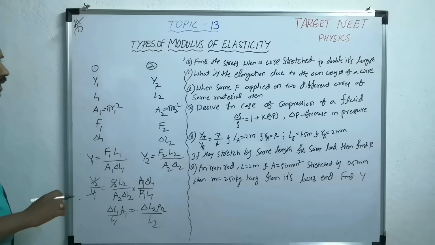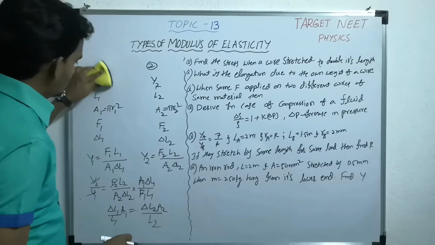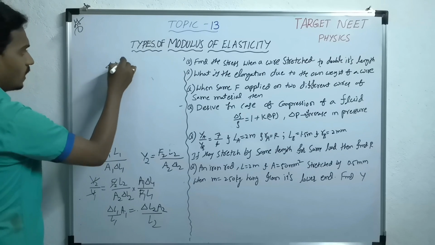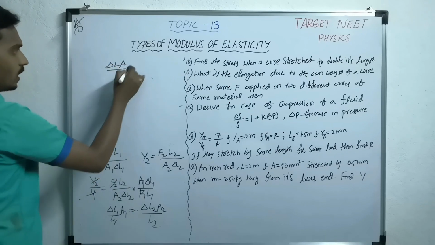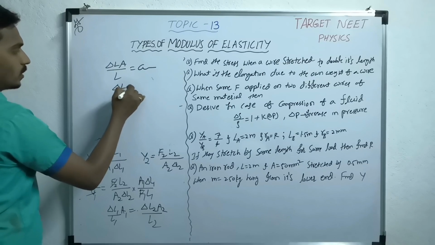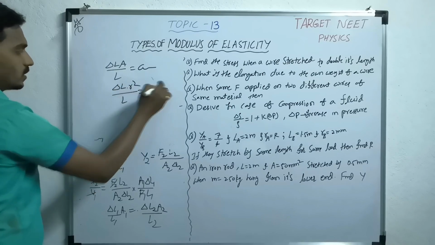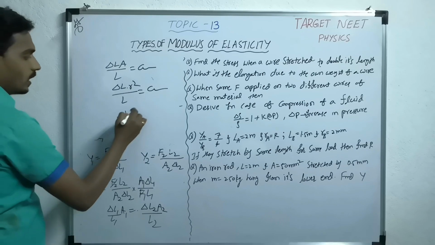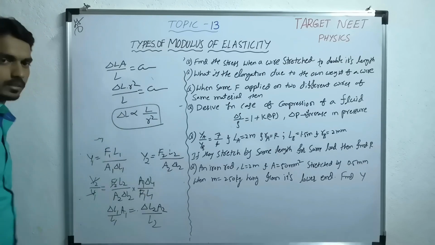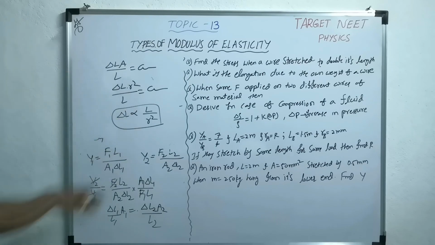So you can write the relation like, in comparison, delta L into area by L remains constant, or delta L into R square by L remains constant, or else delta L is proportional to L by R square. This way you can take.